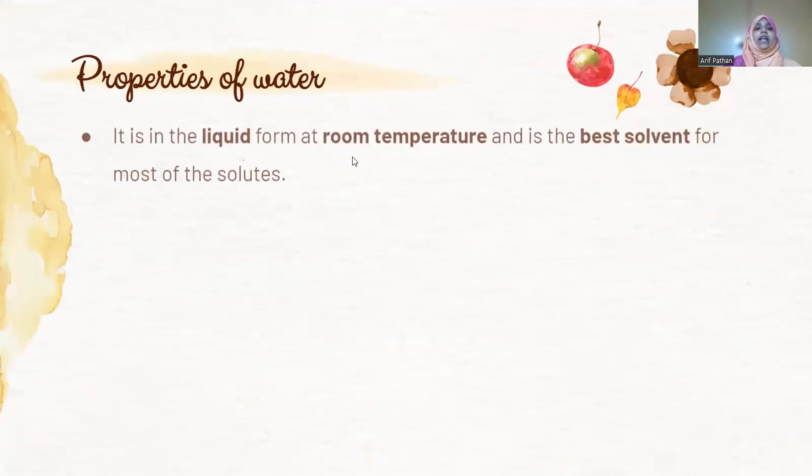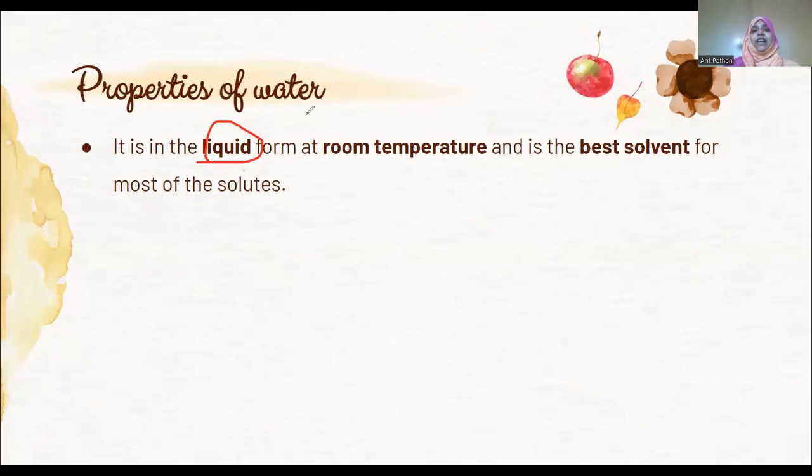Okay, so let's begin. The first property of water that we all know is that it is liquid in nature. Water is liquid at room temperature. However, when you freeze it, it will turn into solid ice. When you boil it, it will turn into gaseous vapor form. It is one of the best solvents for most of the solutes.